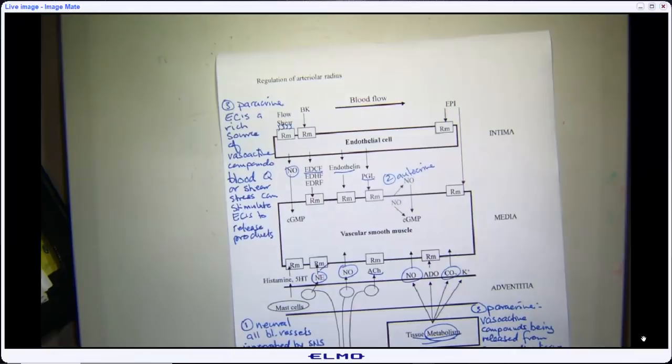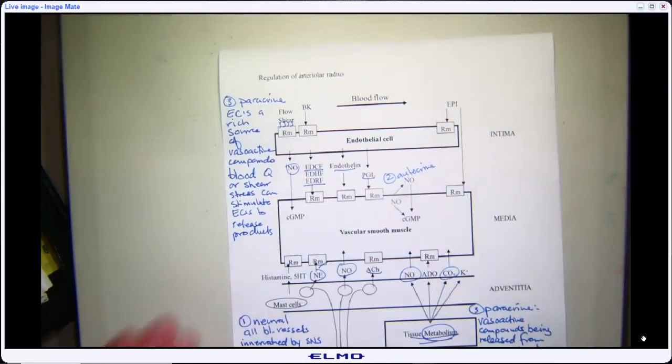Endothelin is one of them, but there are more, and they haven't yet been identified. There's an endothelial-derived relaxing factor. Nitric oxide is one of them, but there are more. So because we don't know what they are yet, they just get this name EDRF.